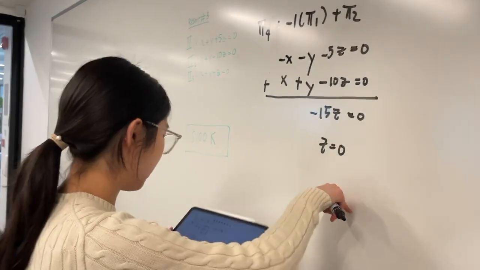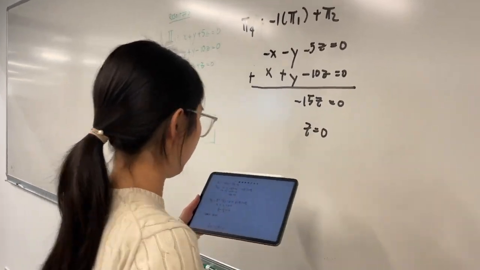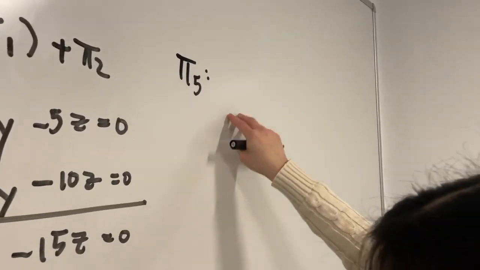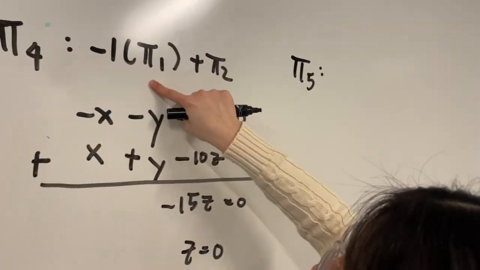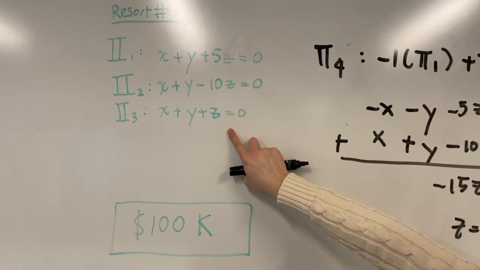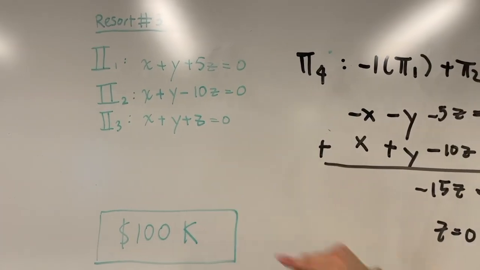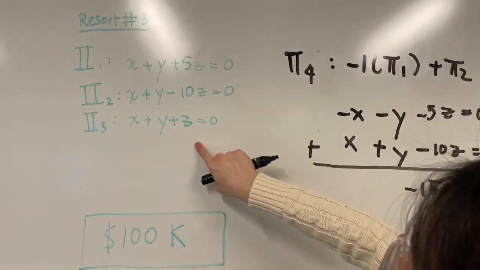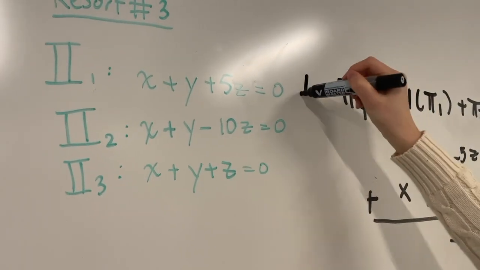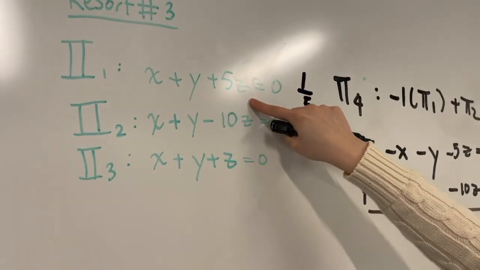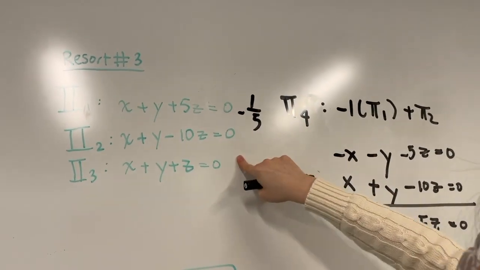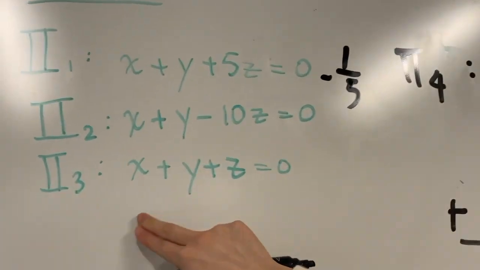Okay, now that we know that z is 0, we also want to know some kind of representation of x and y. So I'm gonna make a fifth plane. This time I'll also multiply plane 1 by some multiple, so when you add it to the third plane, you can get some representation of x and y. Because this is 5z and this is z, to eliminate z, you need to multiply the whole equation by 1/5, so you can get this to just plus z, and when you add these together, you'll eliminate z and get some relationship between x and y.